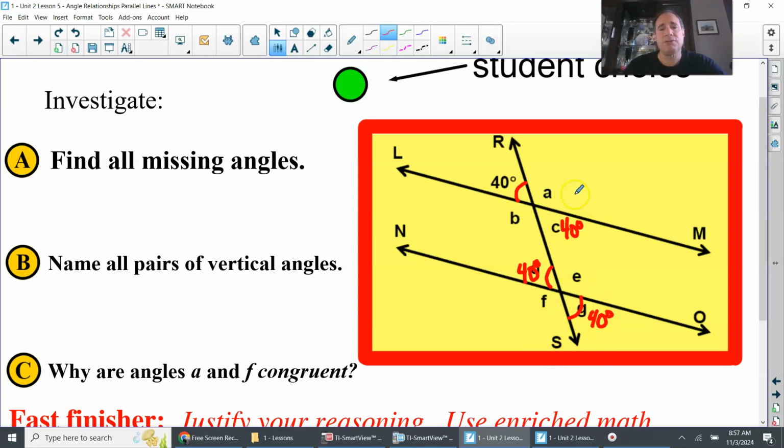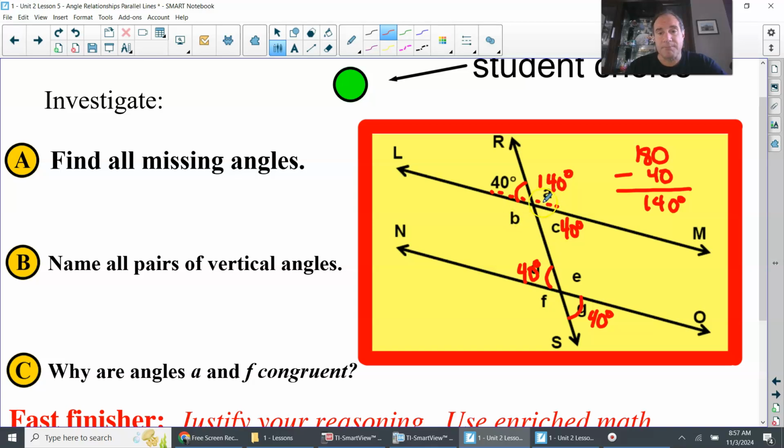Then what do you do to find the large angles? This is a straight line. Straight lines equal 180. You take 180 minus 40, put it into your calculator, and you get 140 degrees. It makes sense because that's an obtuse angle. 140 degrees is angle A. Do you see 3 other obtuse angles?